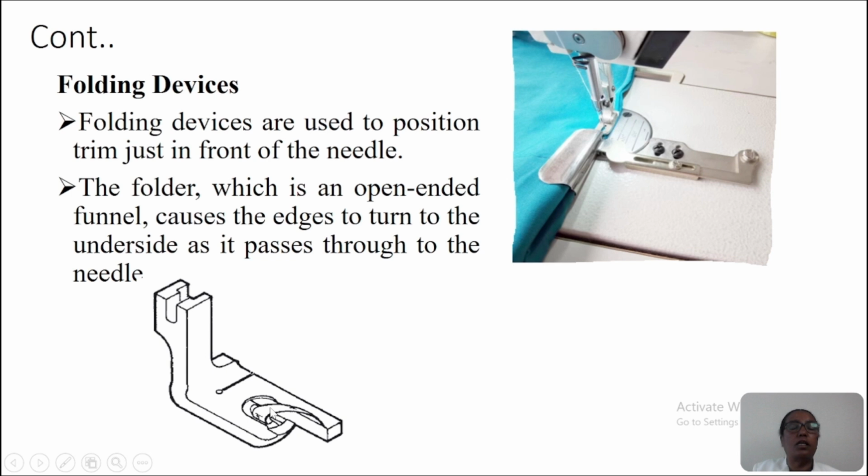Folding devices are used to position trim just in front of the needle. This folding device attaches at the needle position. The folder, which is an open-ended funnel, causes the edge to turn to the underside as it passes through the needle.